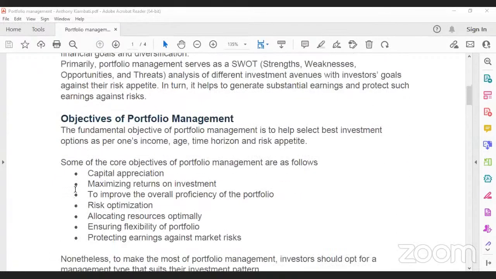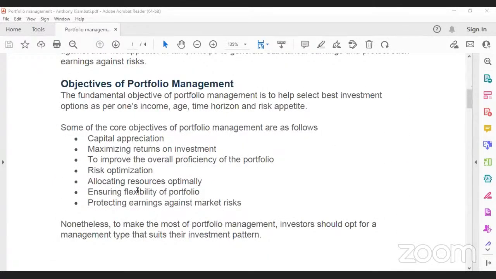So it's time to look at the objectives of portfolio management. Why are you doing portfolio management, or why is it important for an investor to do portfolio management? Some of the core objectives are capital appreciation, maximizing returns on investment, improving the proficiency of the portfolio, risk optimization, which is really important.